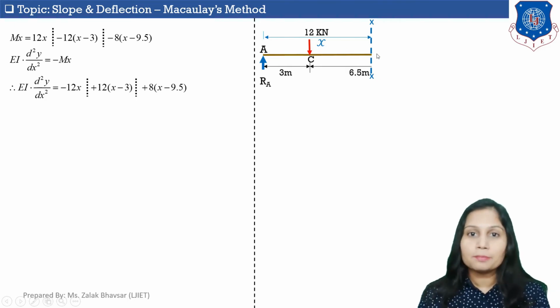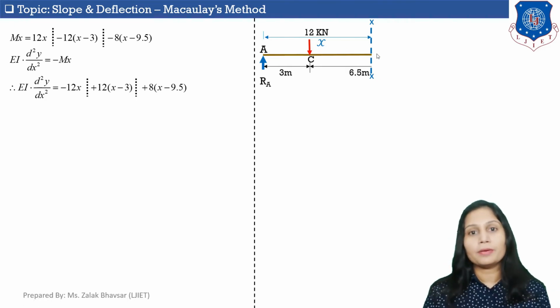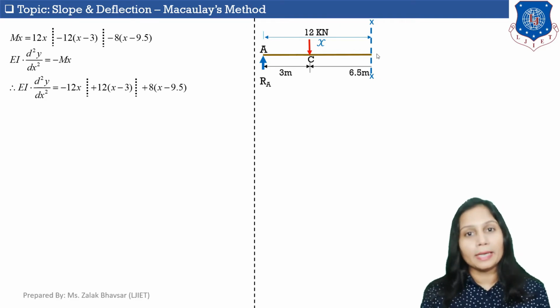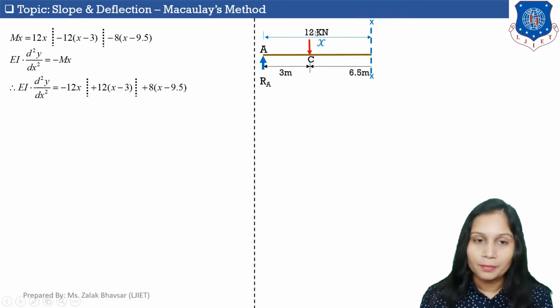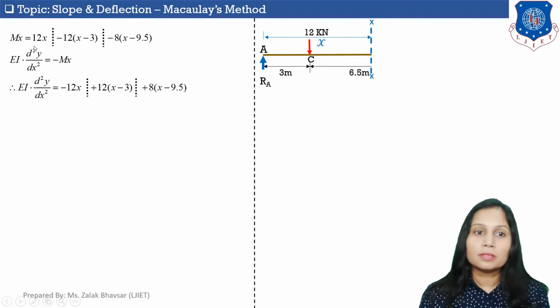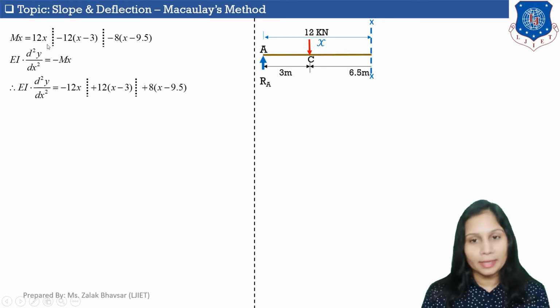And as per our assumption, if I am calculating moment about left hand side and if it is anti-clockwise, then we will consider it as negative. So this 12x is for section AC.